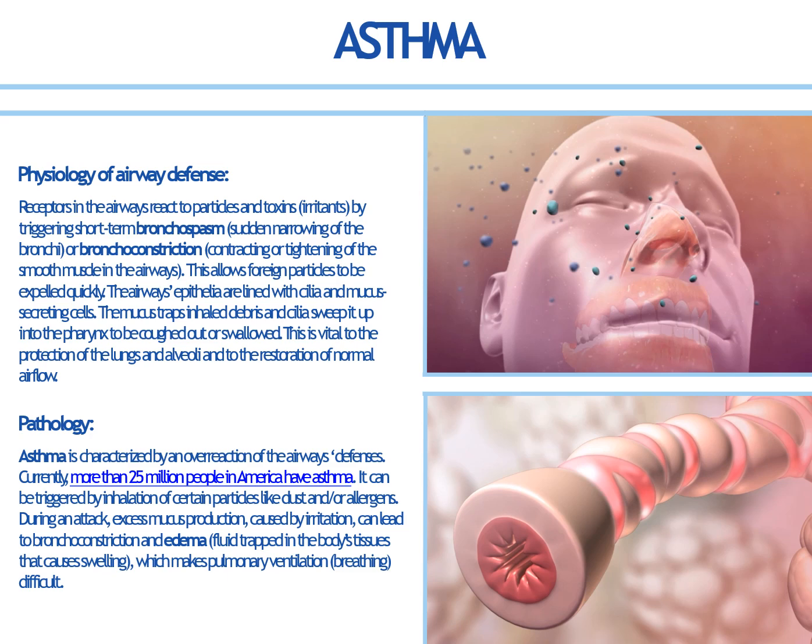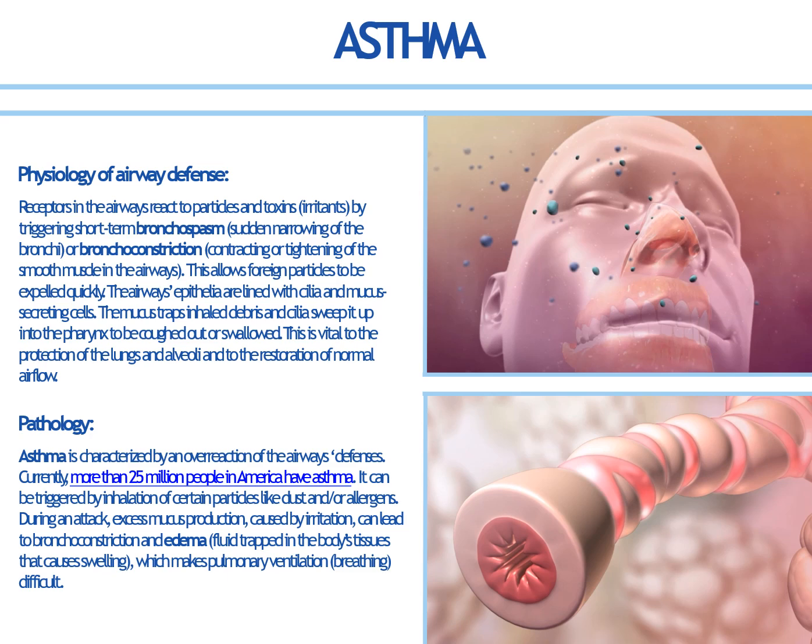However, in the case of pathology, asthma is characterized by an overreaction of the airway's defenses. Currently, more than 25 million people in America have asthma. It can be triggered by inhalation of certain particles like dust and/or allergens.